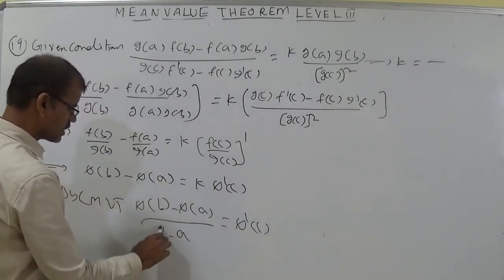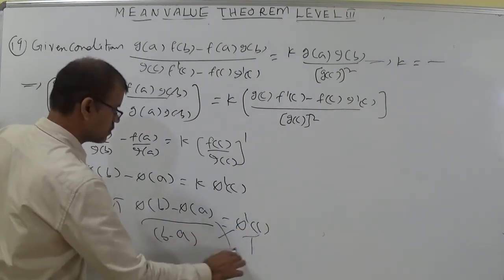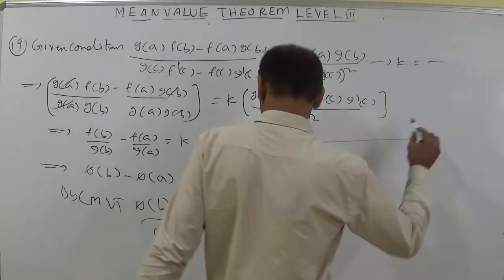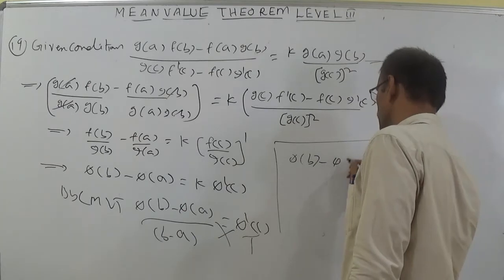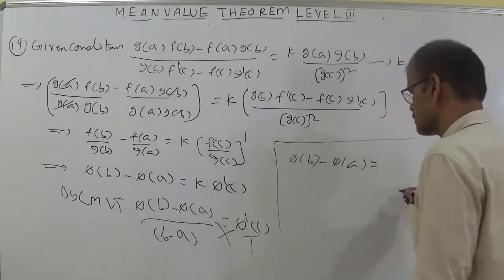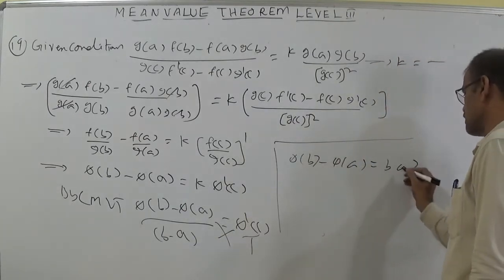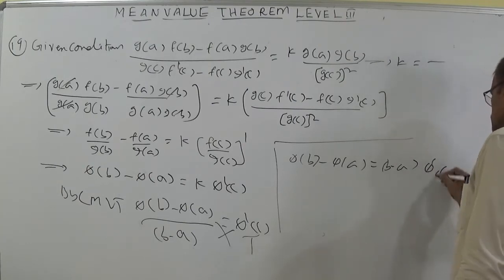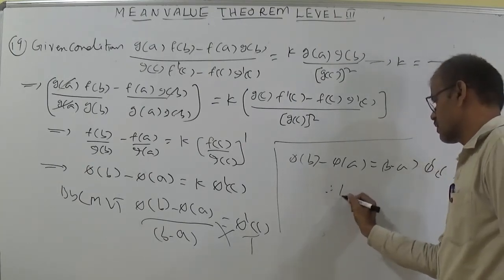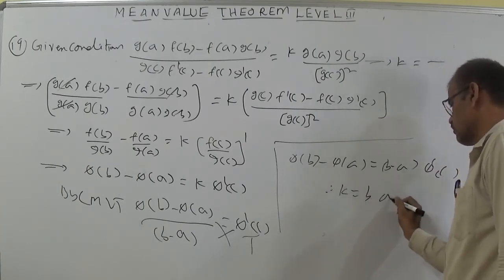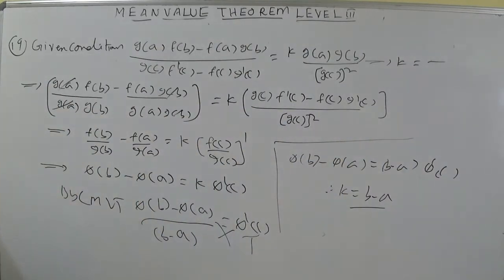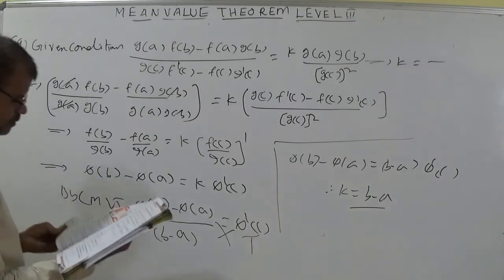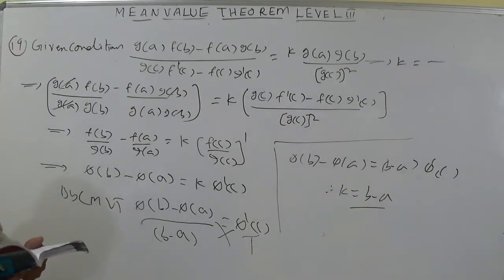If we take cross multiplication, phi of b minus phi of a is equal to b minus a into phi dash of c. Therefore, the value k is equal to b minus a, according to Lagrange's mean value theorem. K is equal to b minus a, first option.